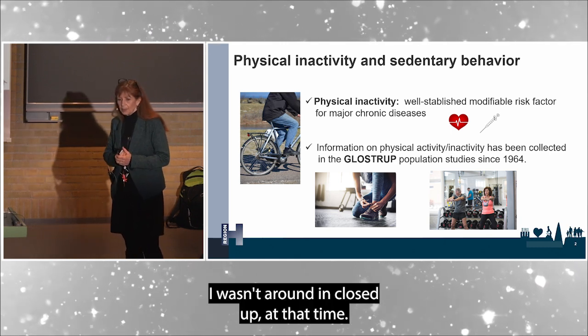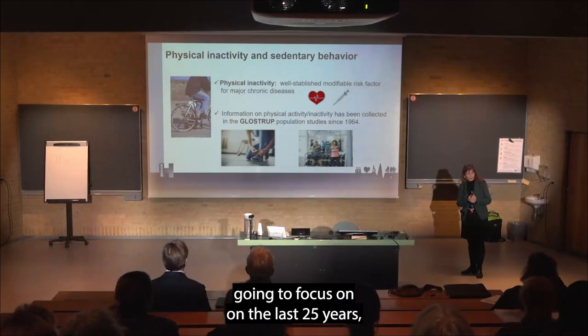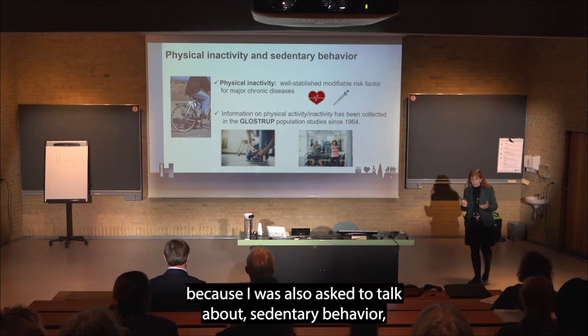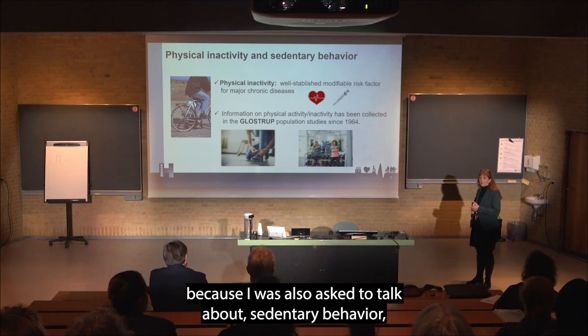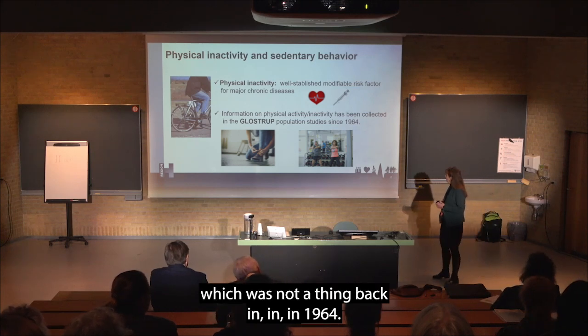I wasn't around in Glostrup at that time, so in this presentation I'm going to focus on the last 25 years, because I was also asked to talk about sedentary behavior, which was not a thing back in 1964.